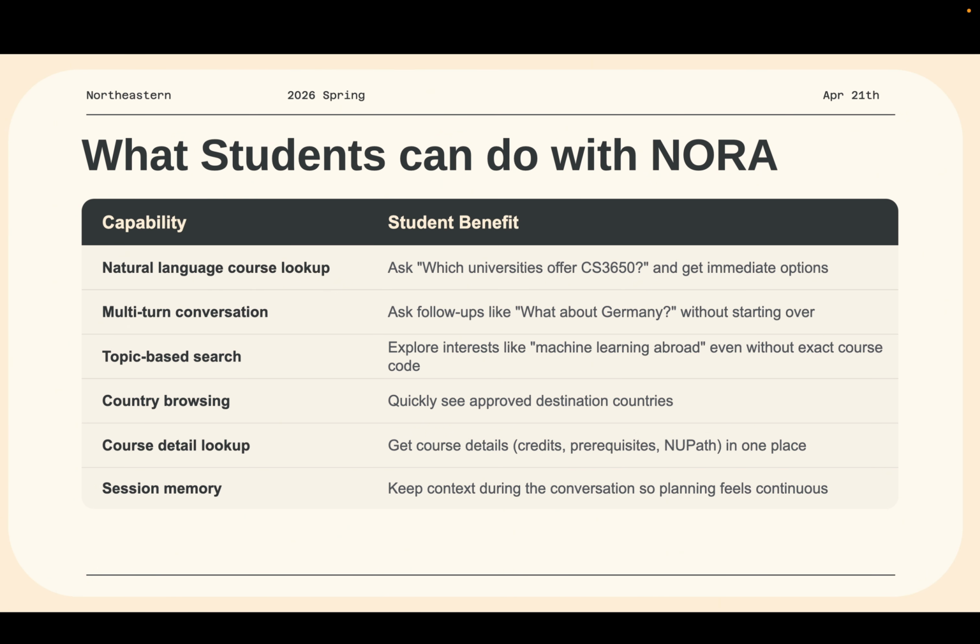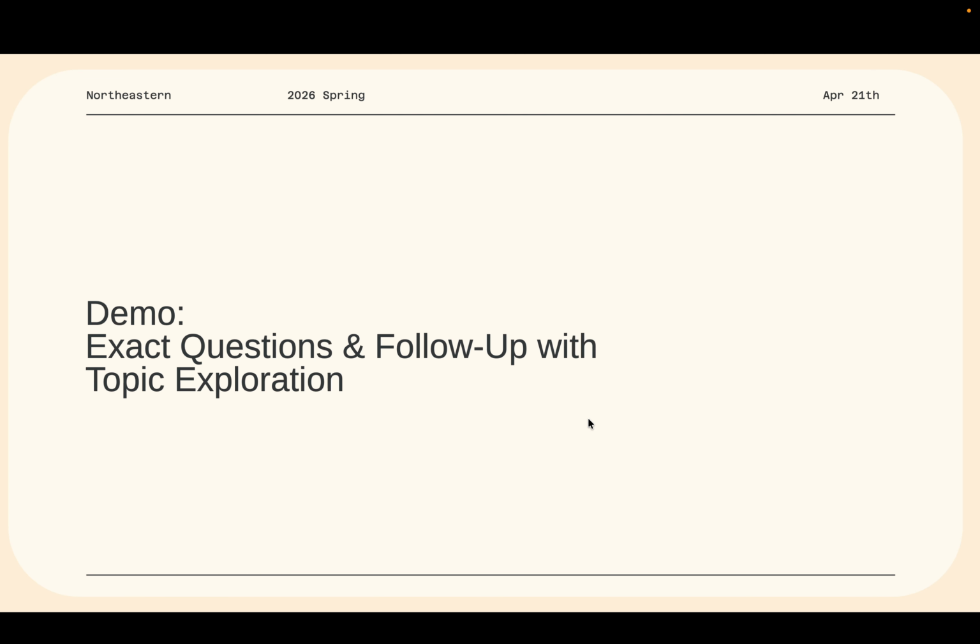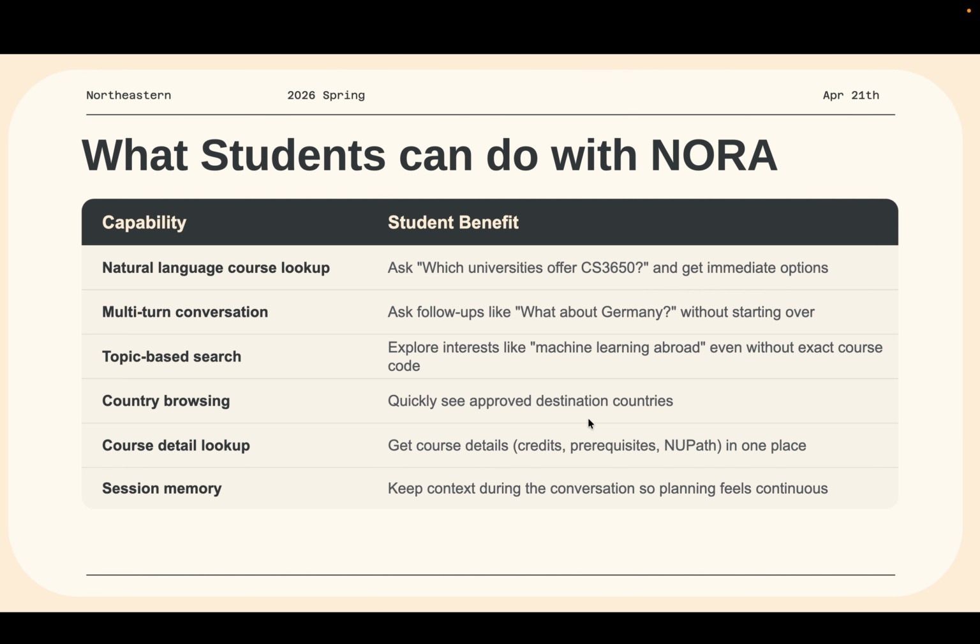And then there's country browsing, where you can quickly see approved destination countries, and also a course detail lookup, so each course's details like the credit, the prerequisite, and the NU path are in one place. And of course, like I mentioned before, there is session memory. It keeps the context during the conversation, so planning feels continuous and doesn't feel fragmented.